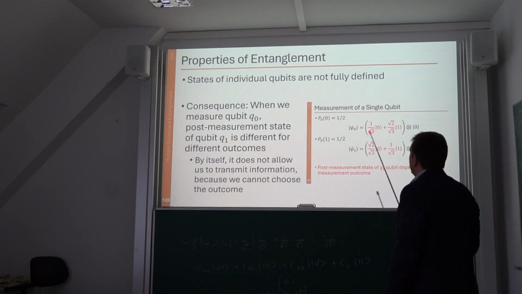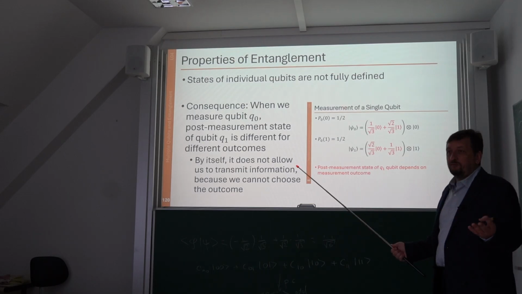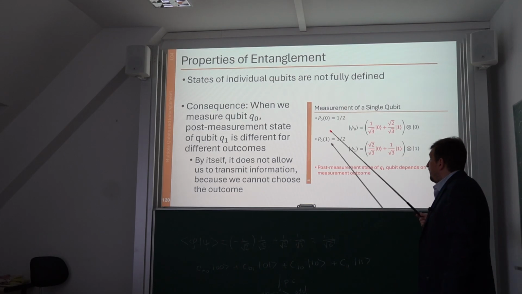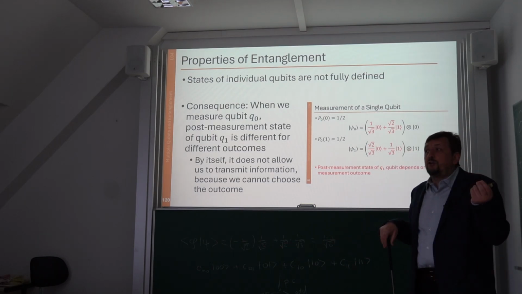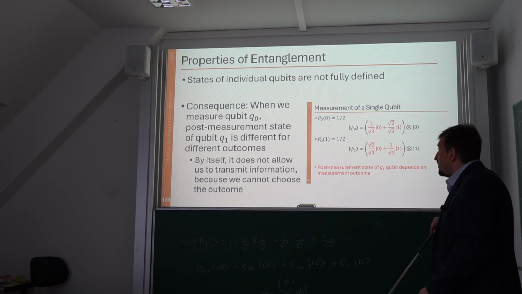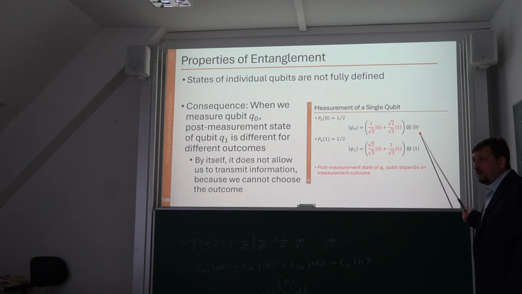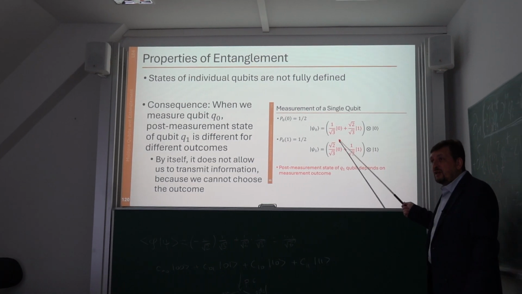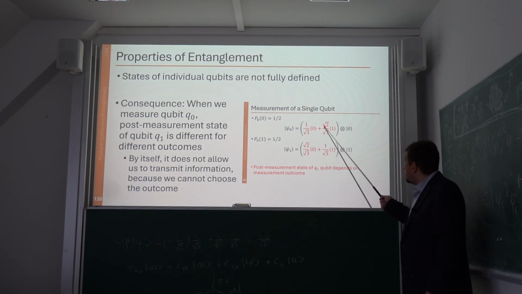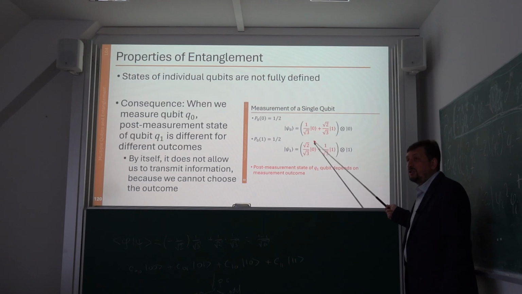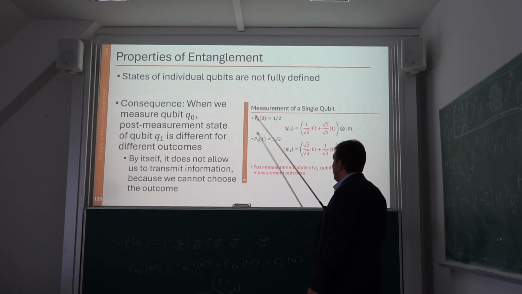So in entanglement there are many interesting properties. One property is that states of individual qubits are not defined. As a consequence of this, we have this phenomenon: when we measure one qubit and do nothing to the second qubit in the entangled state, the state of this second qubit changes depending on the outcome of the measurement.